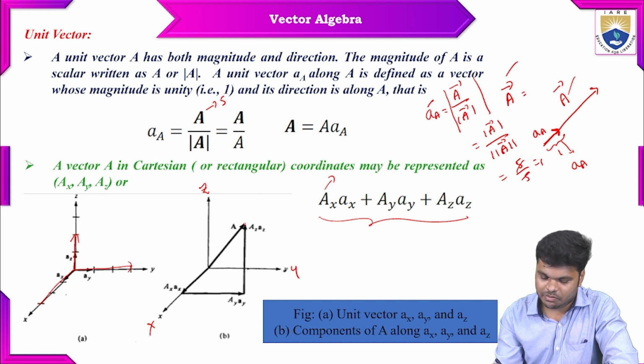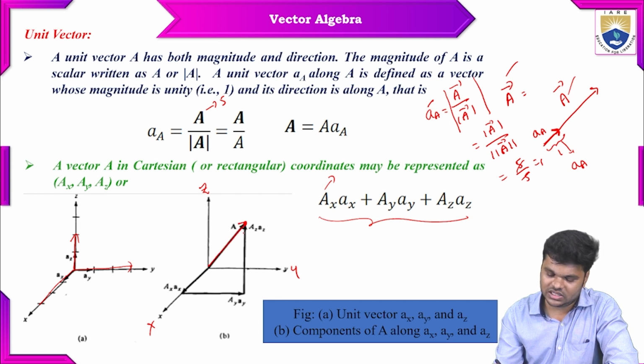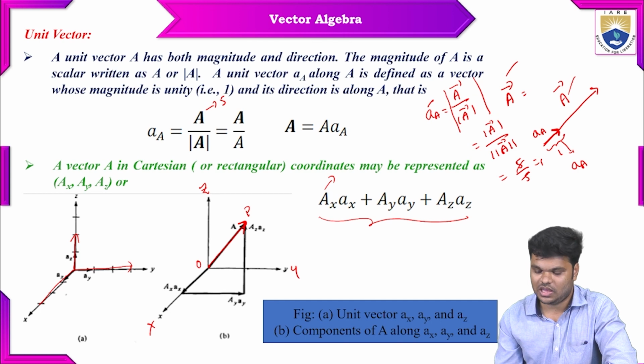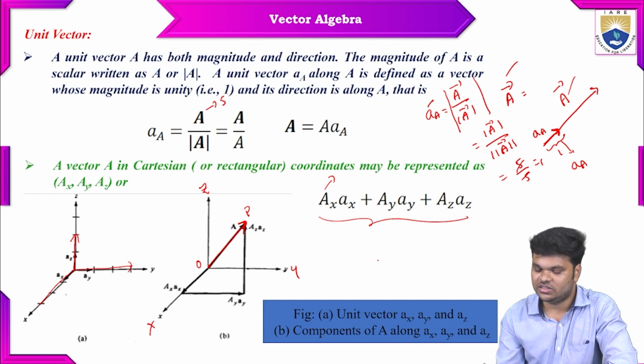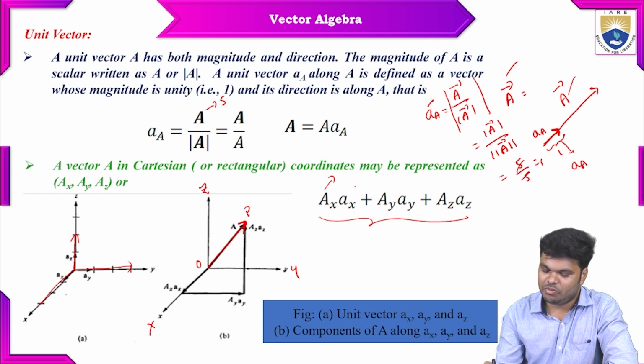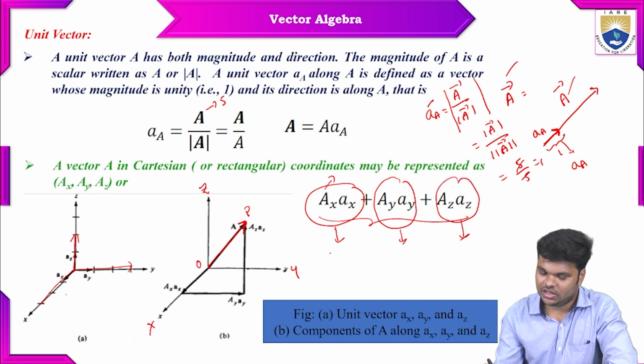Let's consider that there is a point here, and I draw a vector which has its tail at origin and head at this point P. Let's consider that this A is Ax plus Ay plus Az. So this vector is a combination of 3 vectors. So this is one vector, this is another vector, and this one is another vector, right?